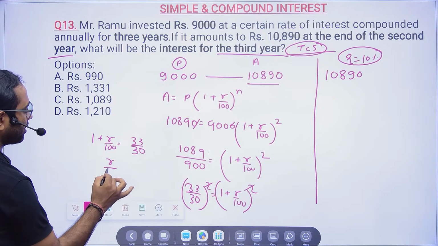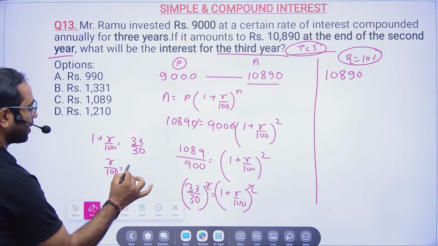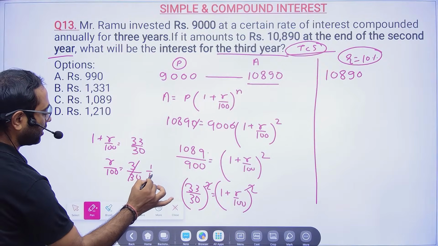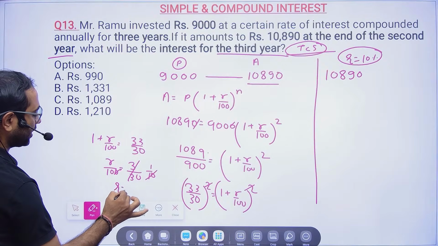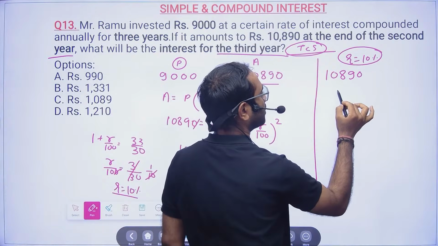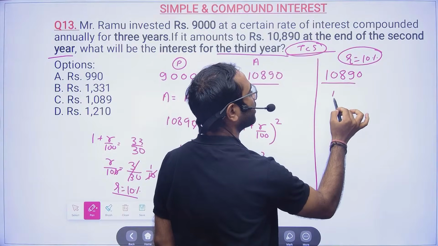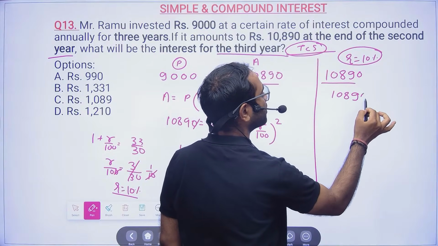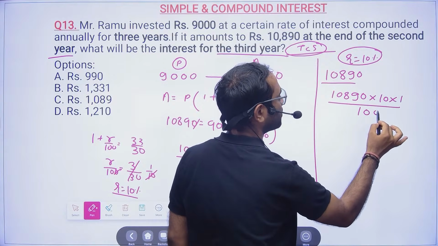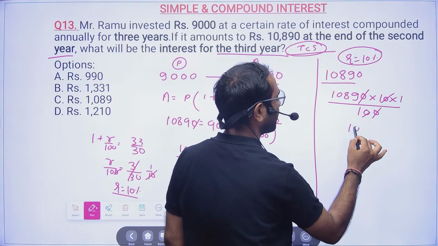So r by 100 equals 3 by 30, that is 1 by 10. So r will be 10%. Now here I just have to calculate the interest, so I can use simple interest: P R T by 100, because simple interest and compound interest for 1 year will be the same.